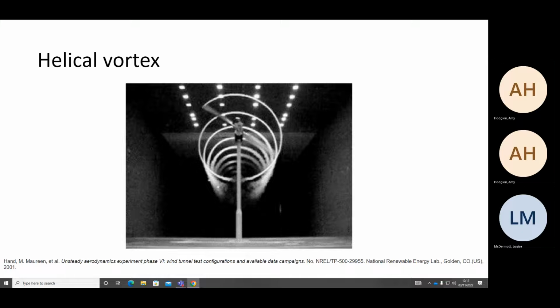So in uniform flow, if we had no turbulence whatsoever, in theory, this helical spiral would continue forever. It itself does not break down. So we need the interaction with turbulence or other structures to cause these tip vortices to break down into smaller eddies. And in a wind turbine setting, this is how the near wake field transitions into the far wake.